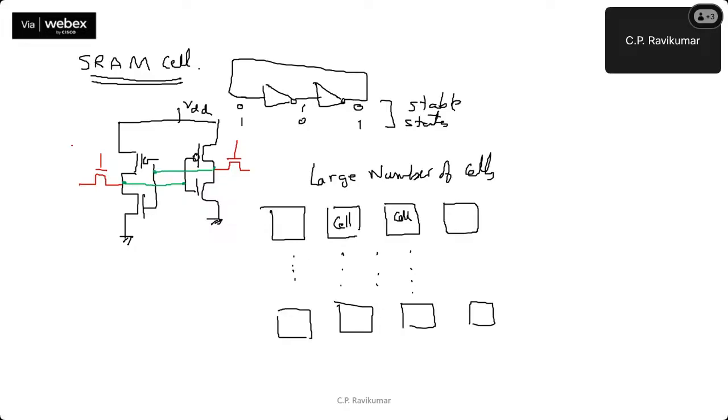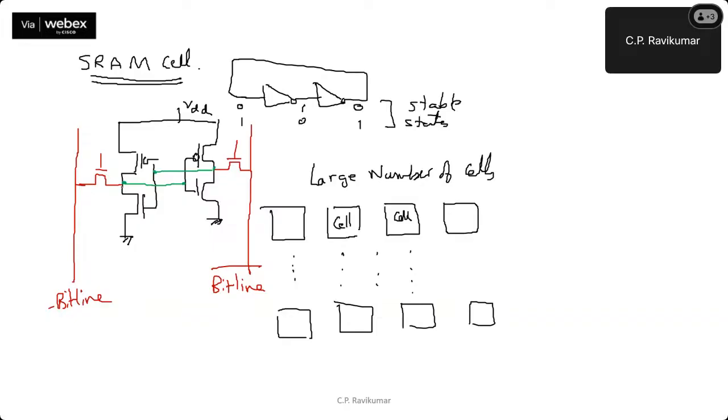So, these are usually called bit lines. So this is called bit line, and this is sometimes called bit line bar. So they are usually in an opposite polarity, right?